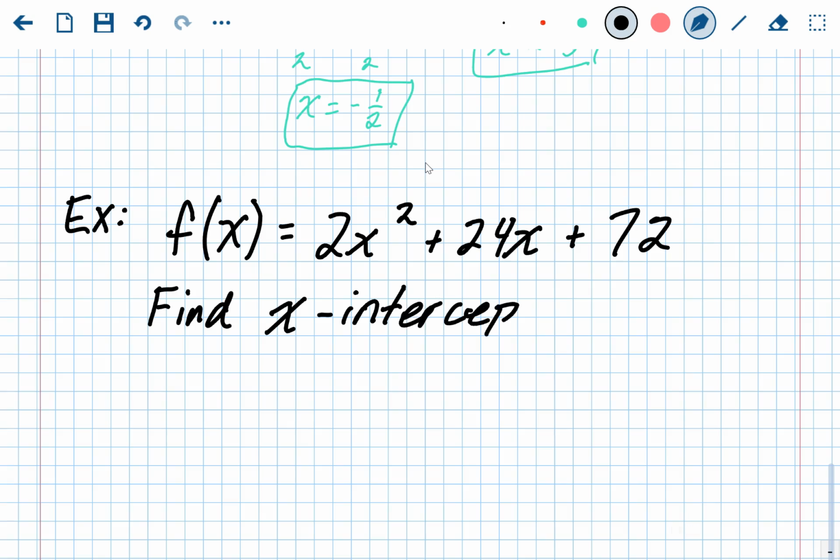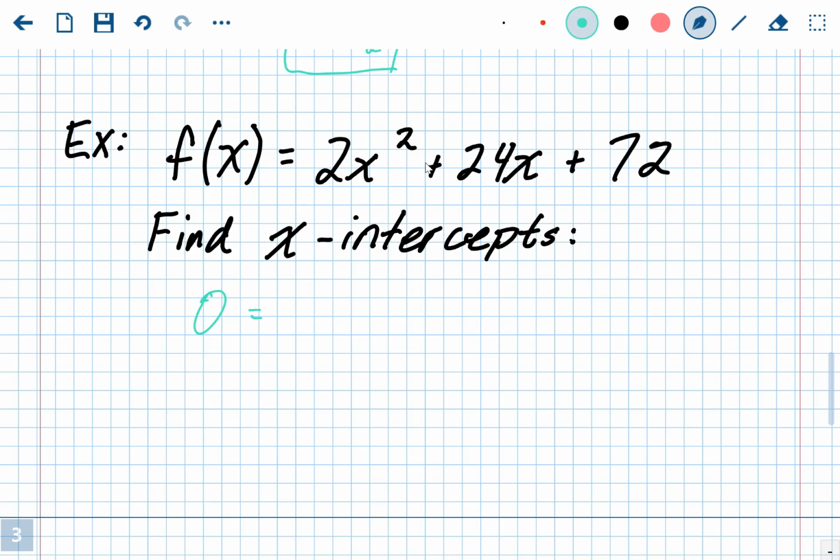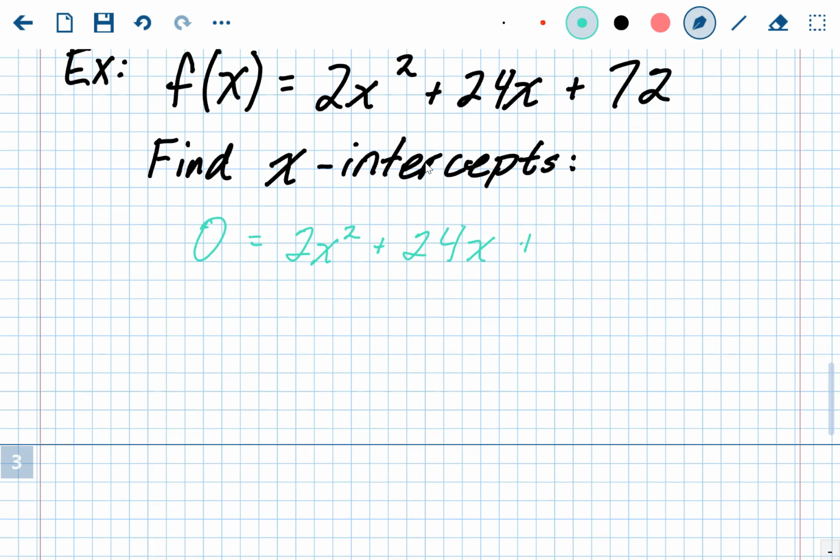So we're going to set this equation equal to 0. So instead of f of x, it's going to be 0 equals 2x squared plus 24x plus 72. Okay.